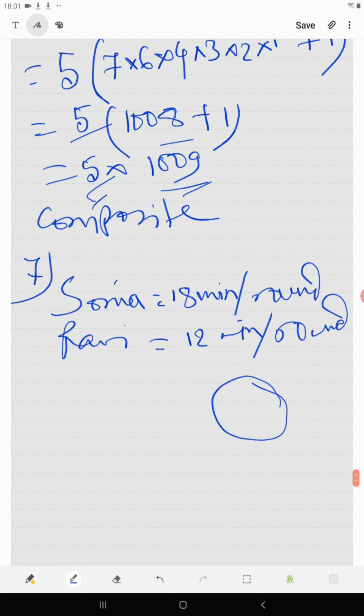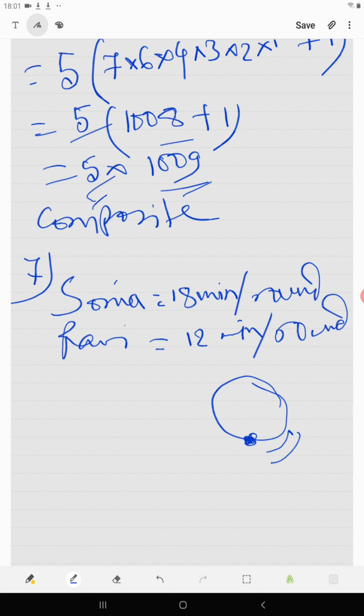Understand like this: Ravi and Sonia both started from the same point, at the same time, and go in the same direction. It's not opposite or some other direction. Okay, so after how many minutes will they meet again at the start?